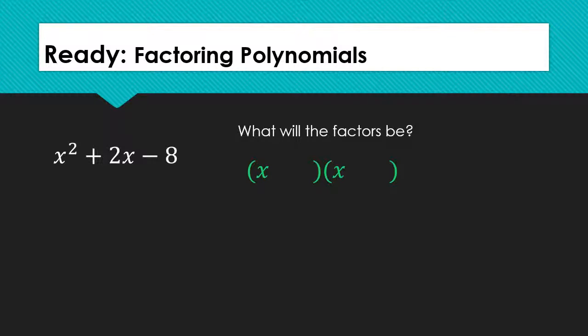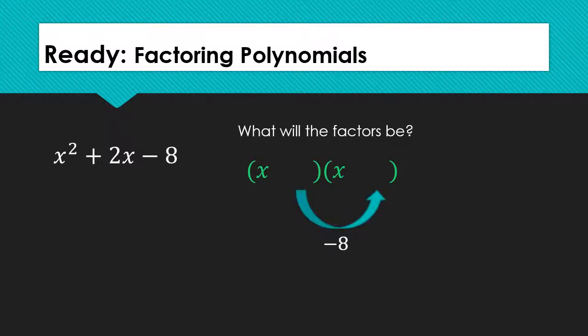In the next example, we're starting with a trinomial, and again, we're looking for the linear factors that make up that trinomial. We know that the first terms in each of the factors must have a product that equals the first term in our trinomial. In this case, it would be x times x, which would equal x squared.